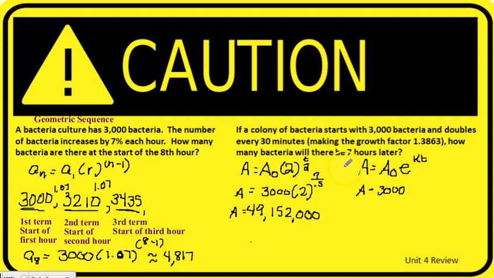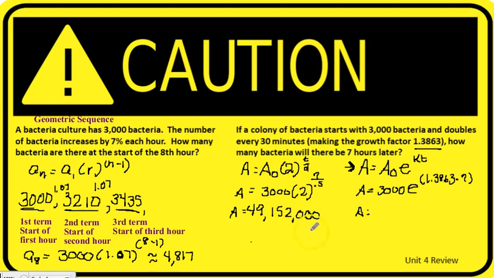Over here, in this scenario, if instead we use the continuous growth formula, and I start with my 3,000, but now I have e, the k, this is this growth factor. So I've got the 1.3863. And that gets multiplied by the time, which is 7 hours.